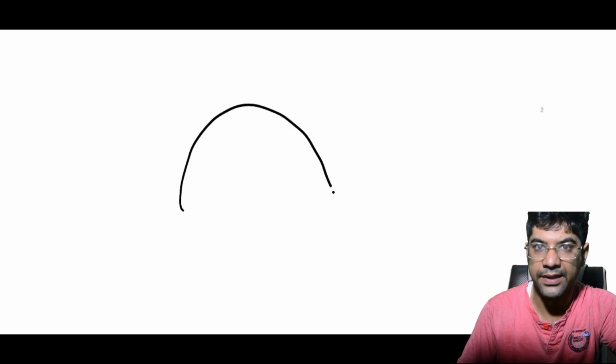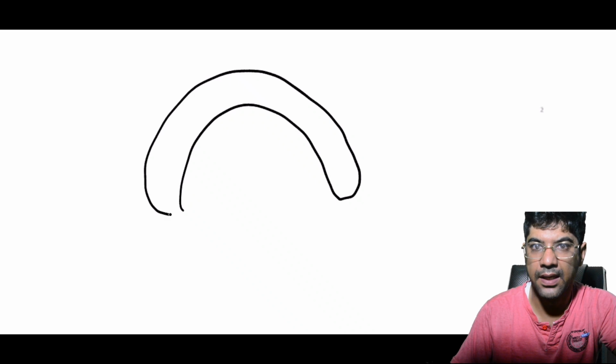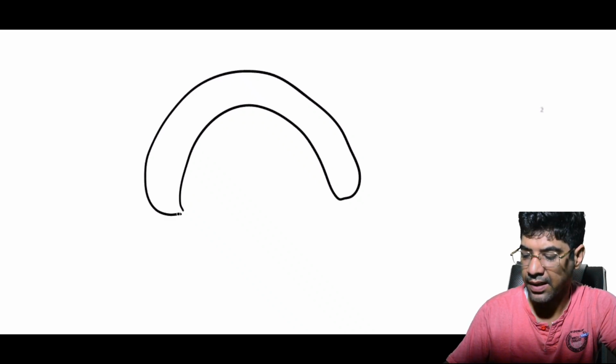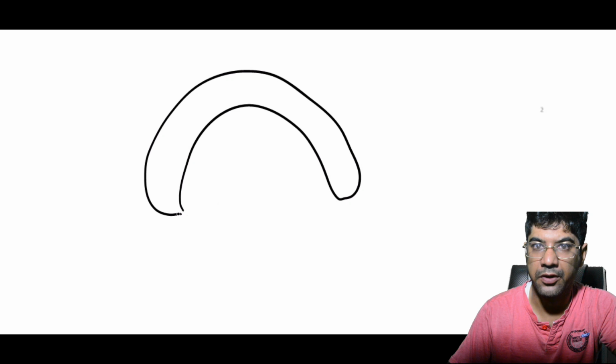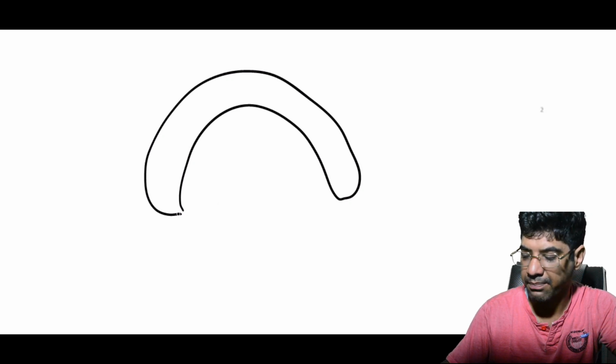So these impressions are taken using material that hardens or sets to form a negative replica of the patient's mouth. So this replica is then used to create a positive replica in the form of the dies.